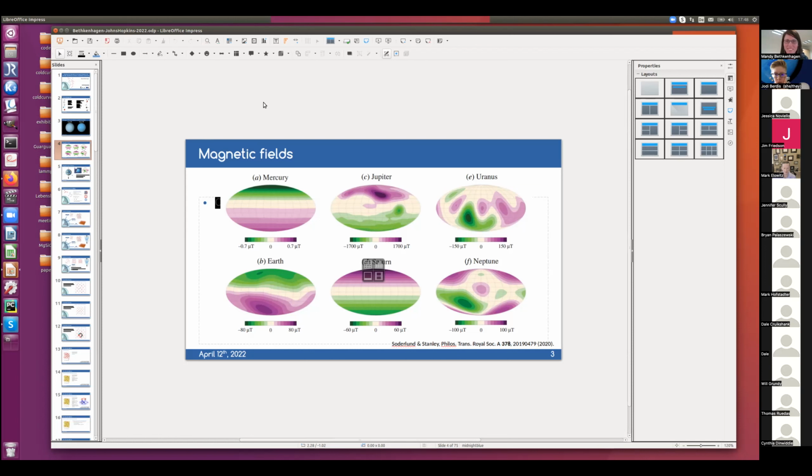And then there's a question in the chat from Jim Friedson. Any implications for noble gas abundances in the atmosphere? Yes, that's actually a good point. There was also a lot of work recently on superionic phases that include helium.